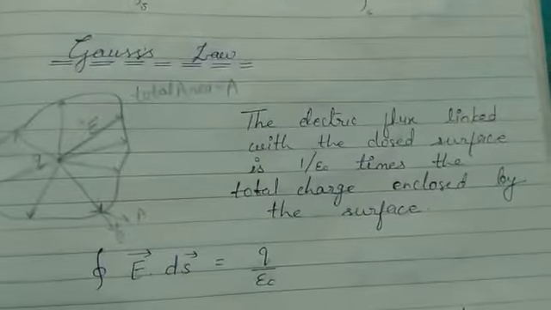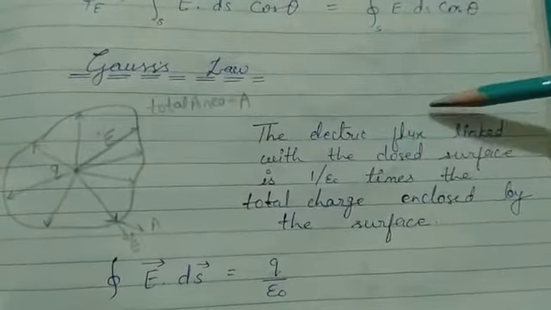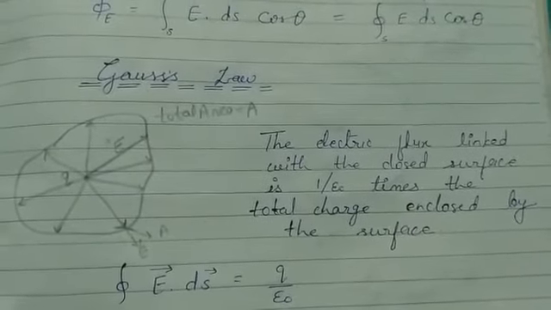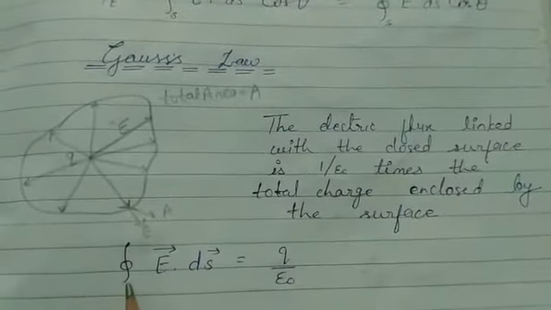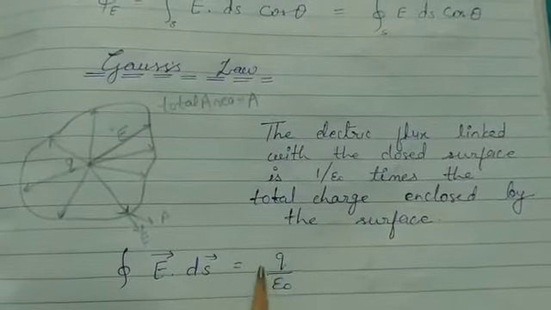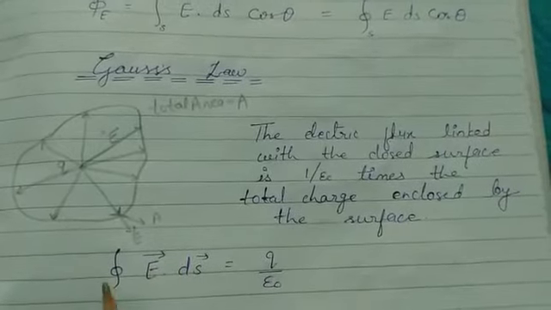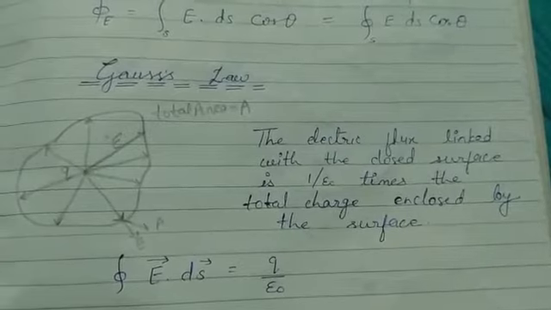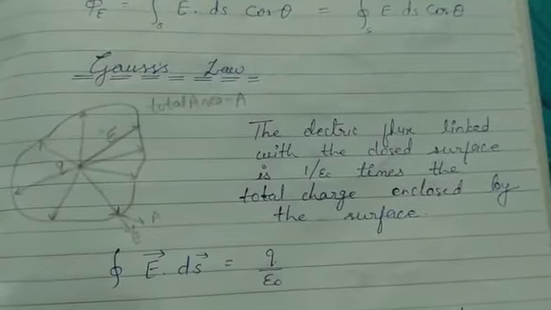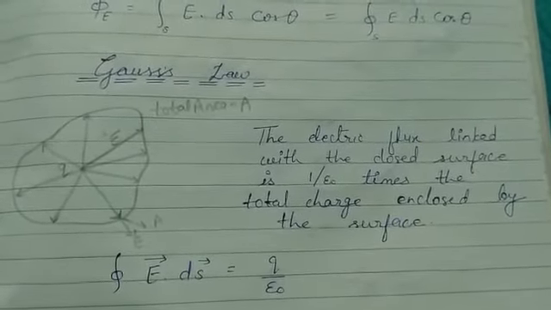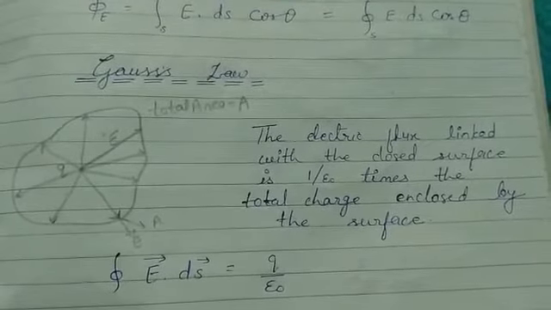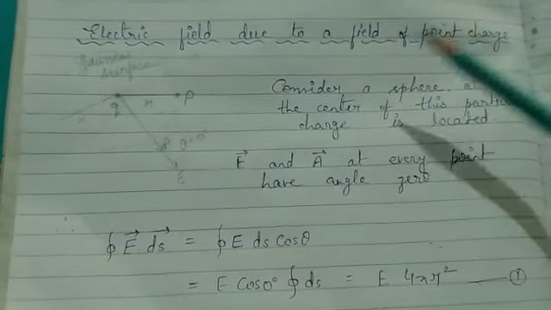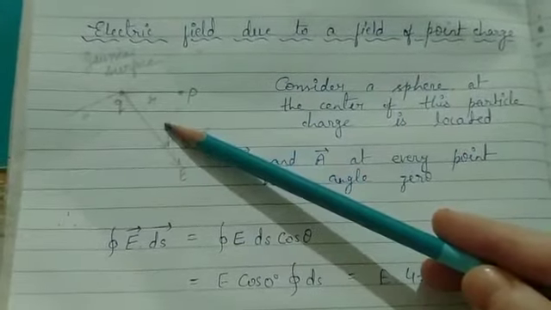this one, is very important, so you all memorize this. This value, the closed surface integral of E dot ds equals q upon epsilon naught, you have to remember. Then in 4 steps we can find out the electric field due to charges. In the first step, we assume a Gaussian surface.